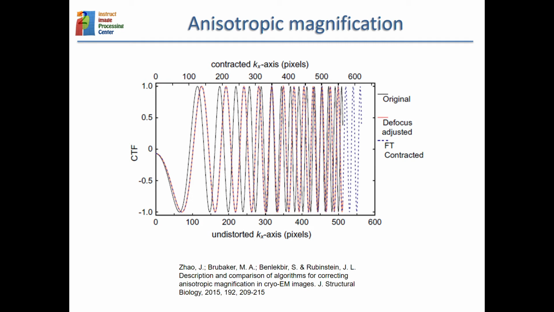And these small differences in pixel size make it so that at the beginning the CTFs are not terribly different, but at some point they can be totally out of phase, like in this very high frequency. This happens because of the differences in pixel size, because of differences in defocus, and any other factor that may make the acquisition anisotropic.